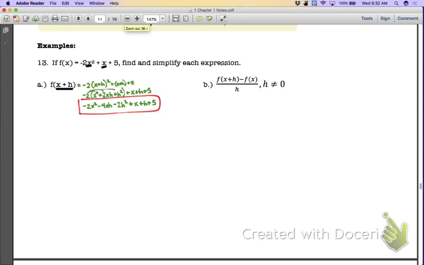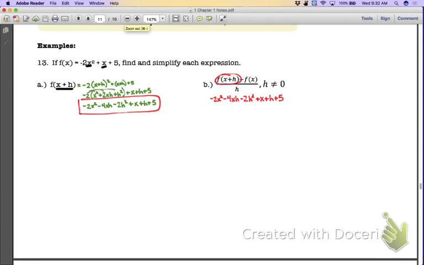Now, all I'm going to do is take what's in the box, and instead of redoing everything, I'm just going to rewrite it right here: negative 2x squared minus 4xh minus 2h squared plus x plus h plus 5.